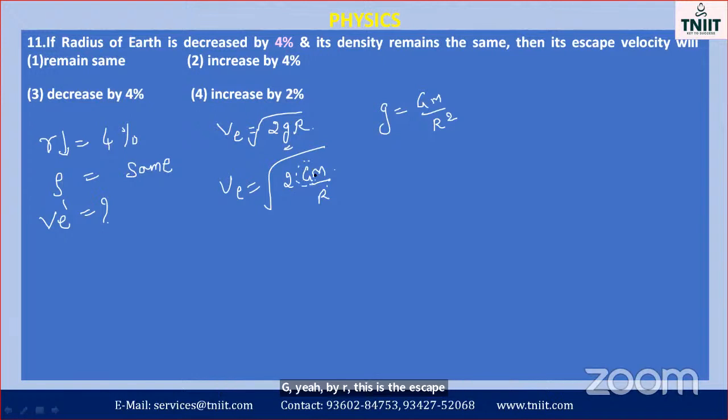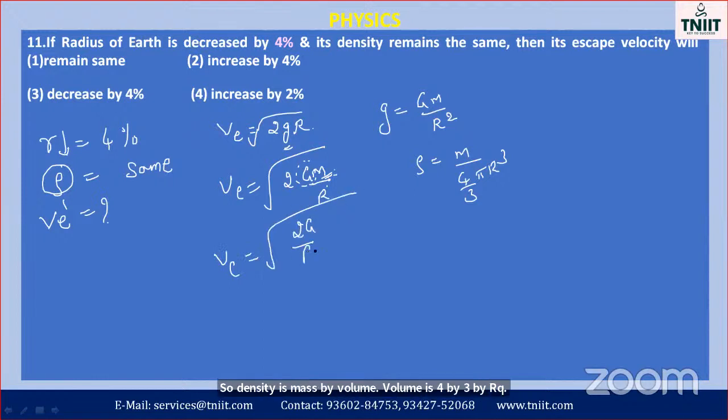Anyway, G remains constant, but they are not talking about mass. They are talking about the density. Density is mass by volume, and volume is 4 by 3 pi r cubed. So escape velocity is root of 2 G M by r, and I am going to replace the mass with rho times 4 by 3 pi r cubed. Now one r will get cancelled out.